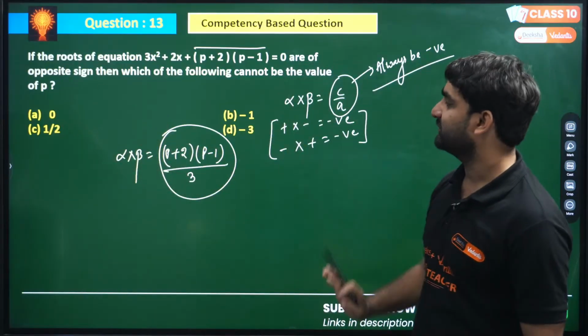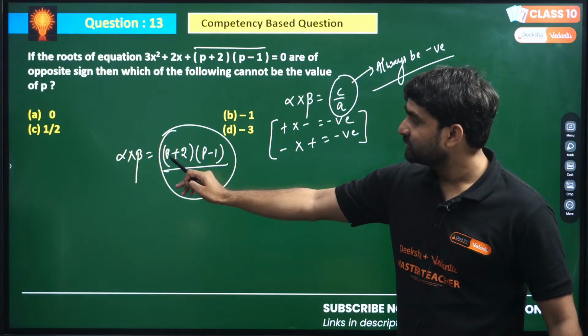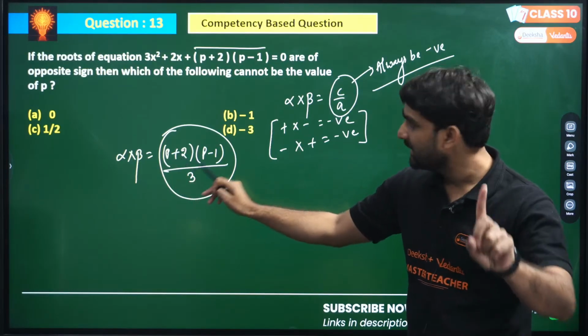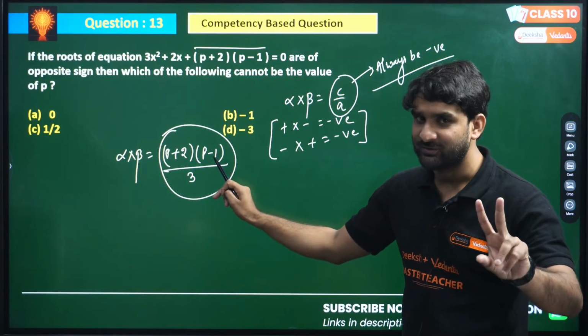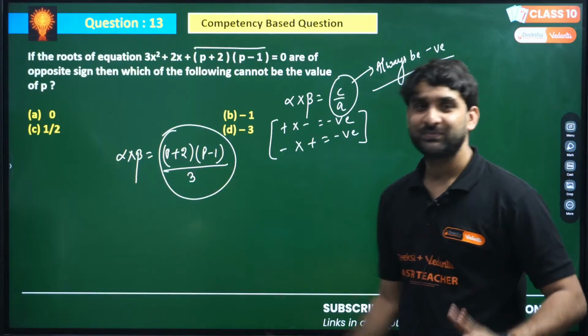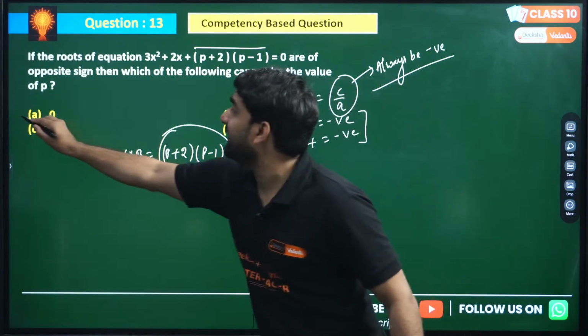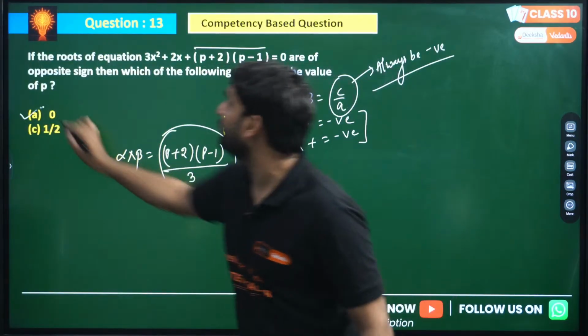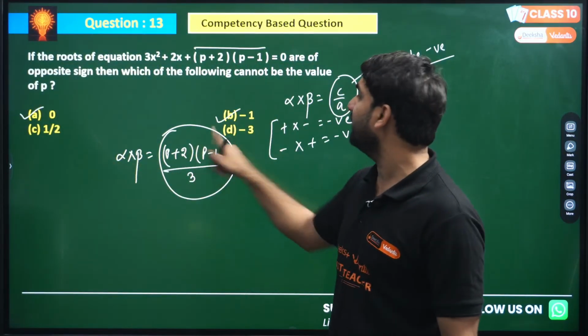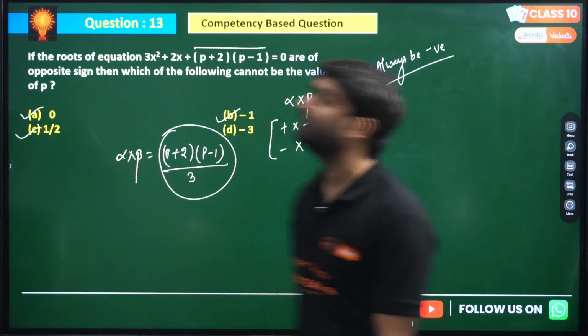Now come to minus 1. If I put minus 1 here, minus 1 plus 2 will be plus 1, and minus 1 minus 1 is minus 2, so minus 2 into plus 1, negative is coming. So this option gives a negative value of C by A, and the next also gives a negative value.